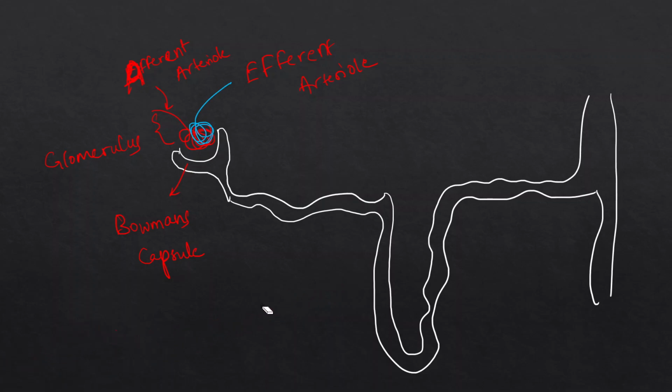So there are two arterioles which connect to the glomerulus. The one which enters the glomerulus is the afferent, and the one which exits the glomerulus is the efferent. Remember it like this: exit, E, efferent. That is your efferent arteriole, afferent and efferent arteriole.